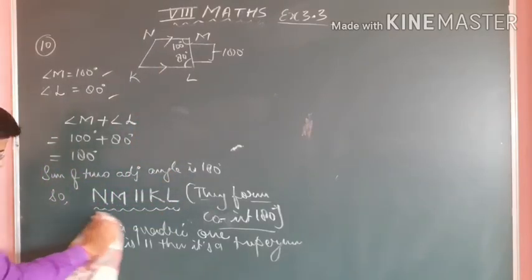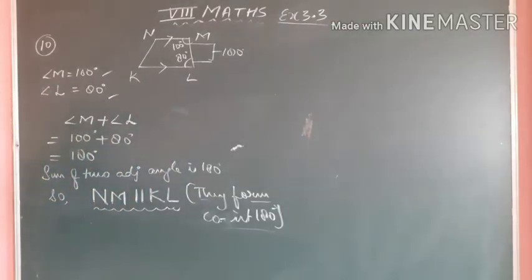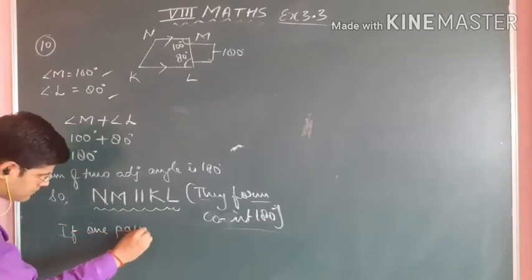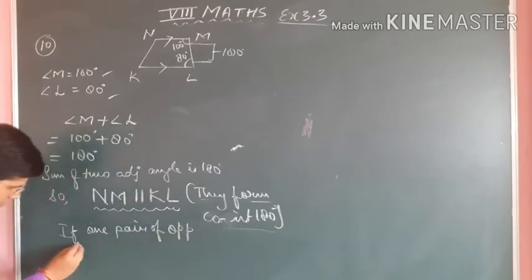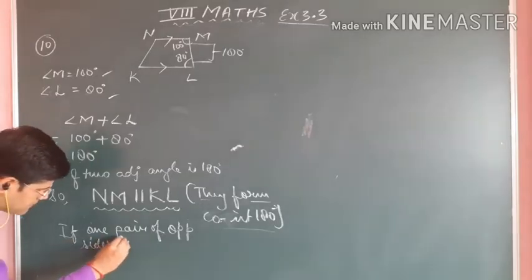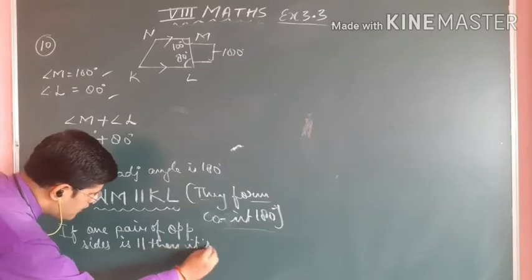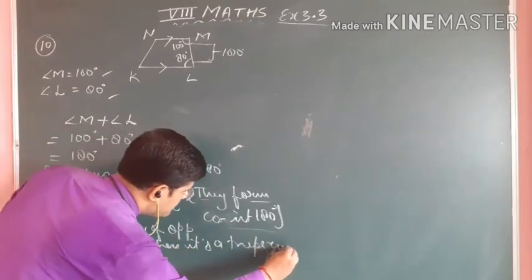So I want to rewrite this property. Actually this property is not proper. So firstly we have to write, if one pair of opposite sides is parallel, then it's a trapezium.